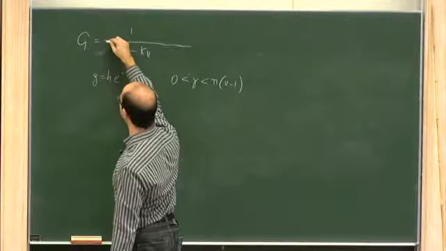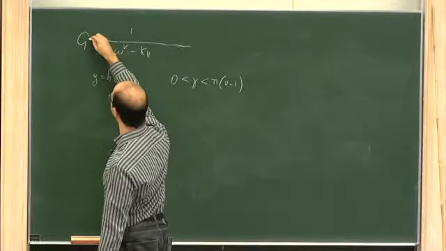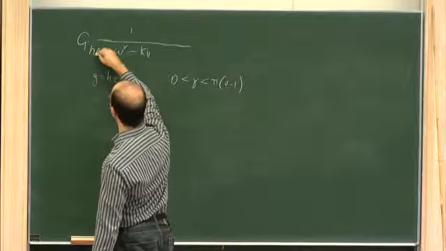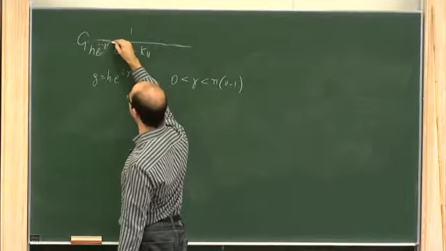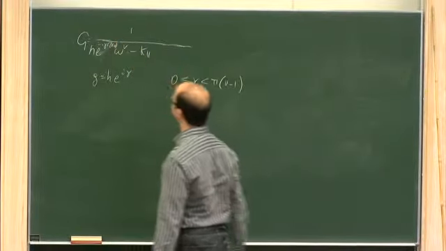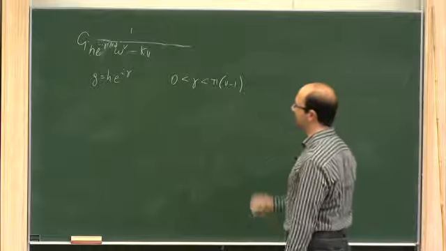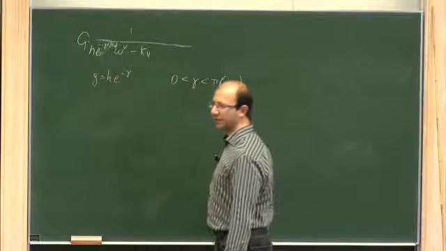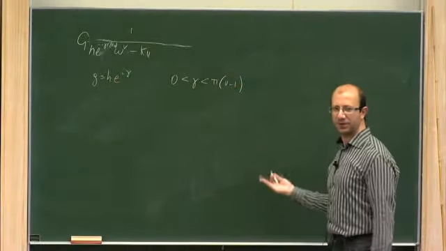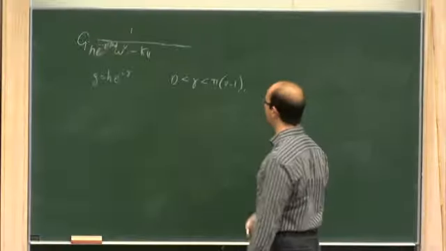So the right prescription here is to take the sign of the Fermi momentum into this phase. One can show that it satisfies the right properties of having the poles in the right place.